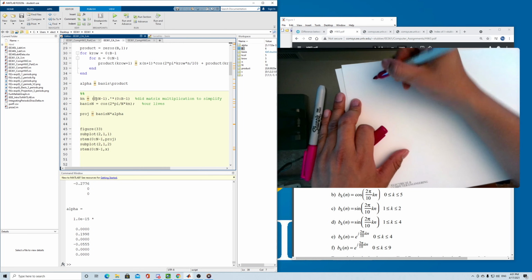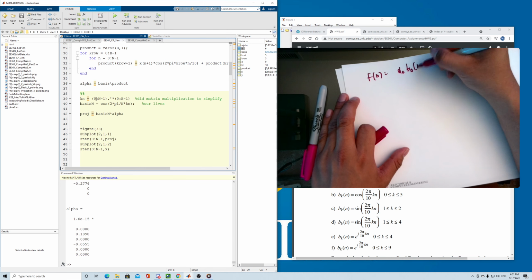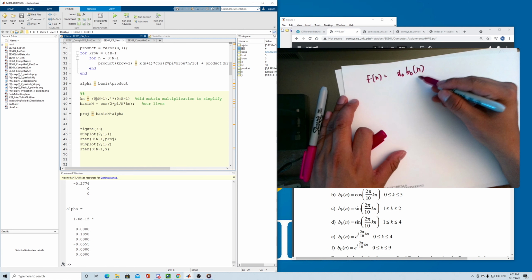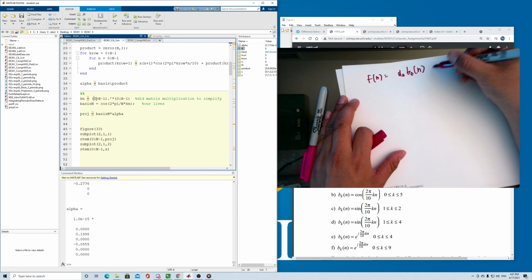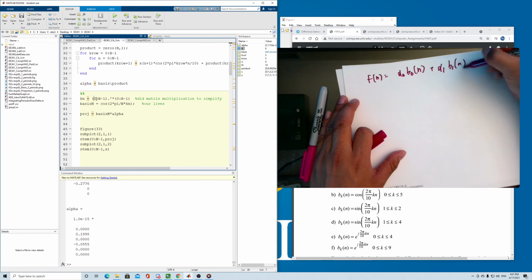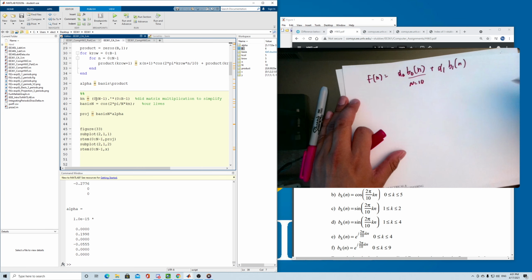So eventually we want f of n equal to alpha 0, b of 0, n. We want to cycle this n all the time. However, this n is associated with a k. Plus alpha 1, b of 1, n. This is going to be length of 10. N is equal to 10. However, at a specific k value.